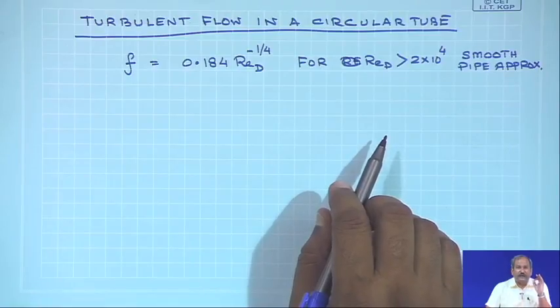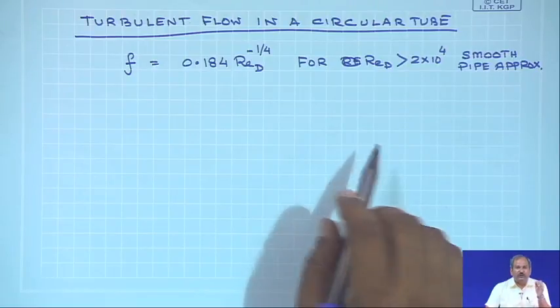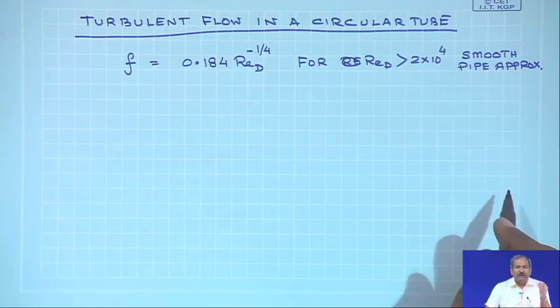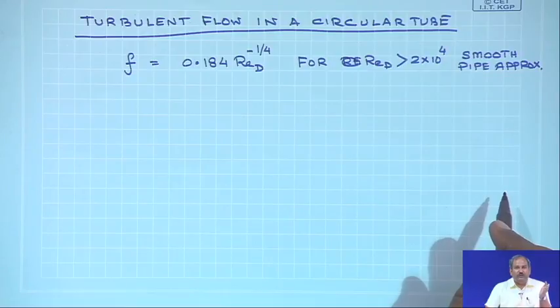So, roughness in the pipe affects laminar flow more, and therefore, the transport coefficients, for example, F and so on, they will get affected more when you have the flow in the laminar condition as compared to the turbulent flow. So, the microscopic roughnesses which are present on the inside surface of the tube affect the value of F, the friction factor, more as compared to that in the turbulent flow.